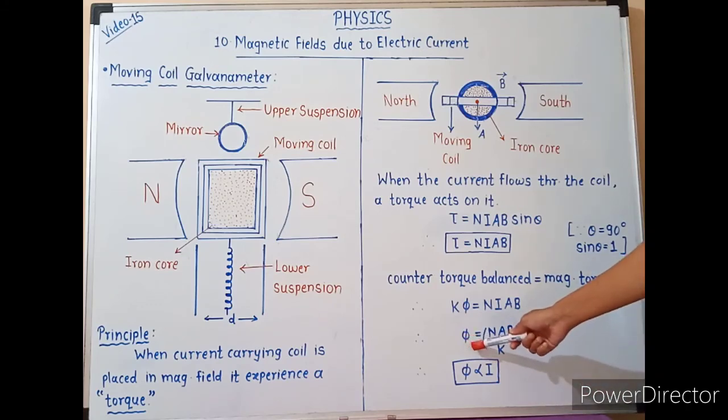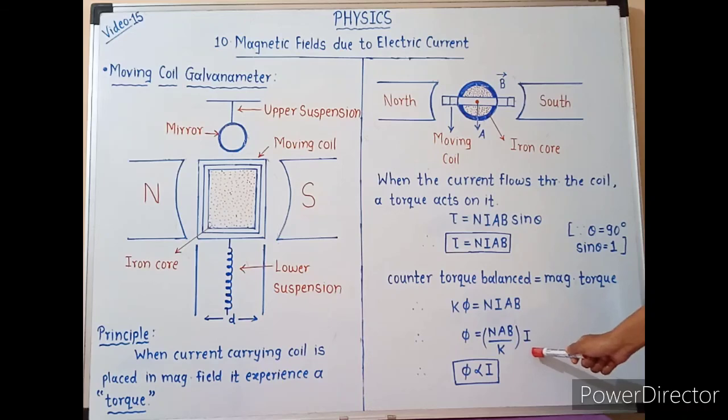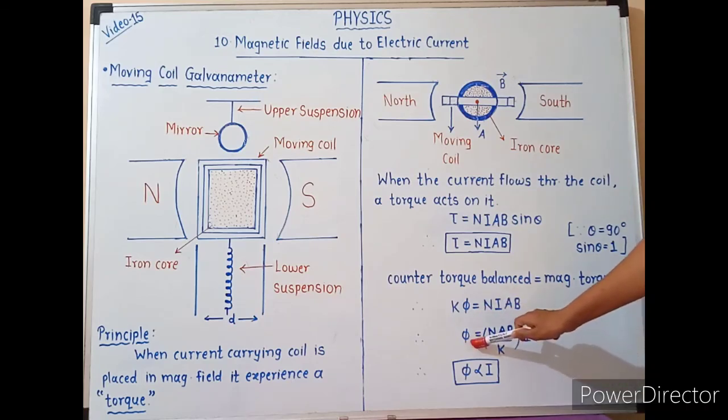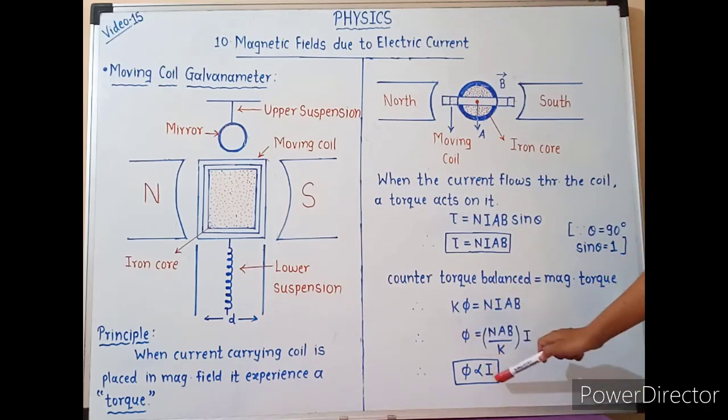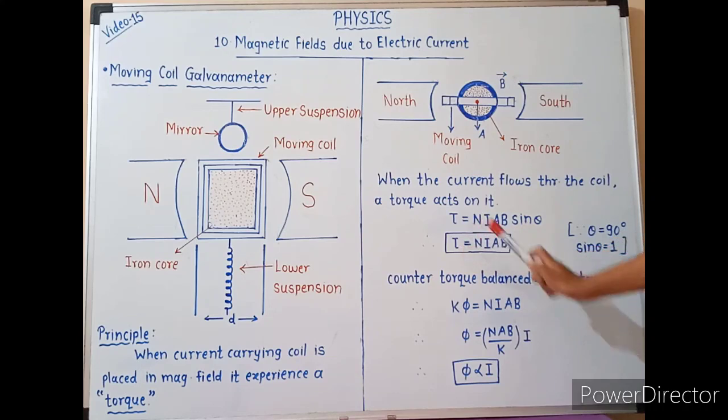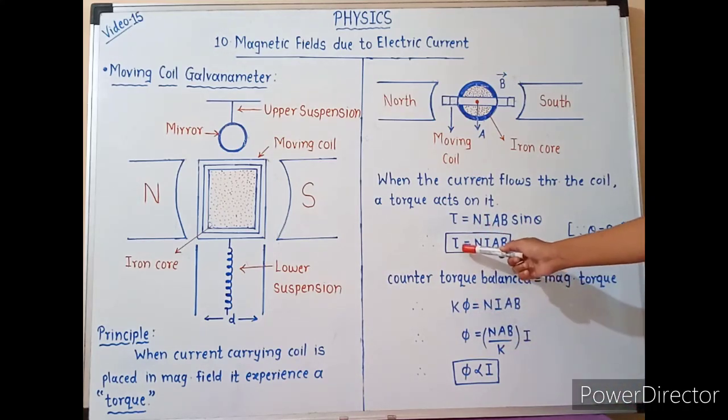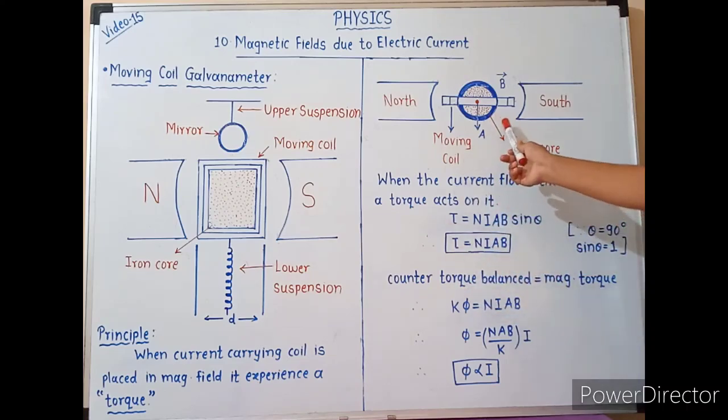So this angular deflection phi is directly proportional to the current flowing in the coil. So we can say that the larger the current, the larger the deflection, and the larger the torque acting on this coil.